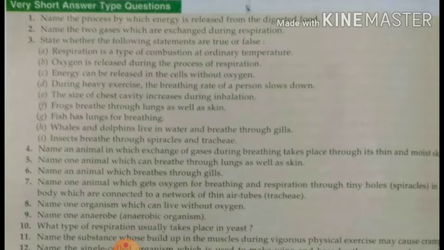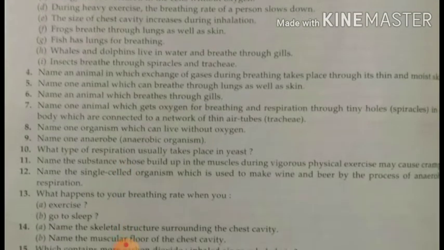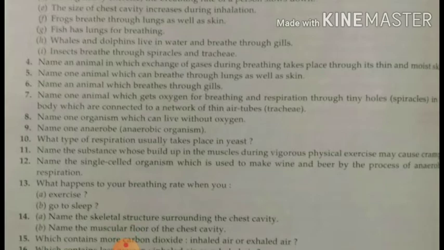Then H, whales and dolphins live in water and breathe through gills. Answer is false. They breathe through nostrils and special structures called blowholes. Then I, insects breathe through spiracles and trachea. Answer is true.